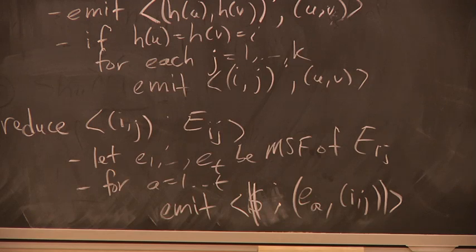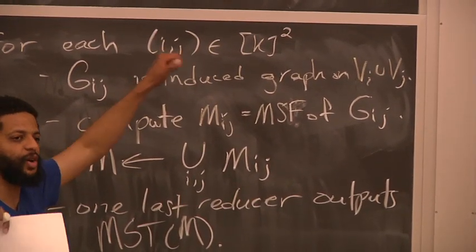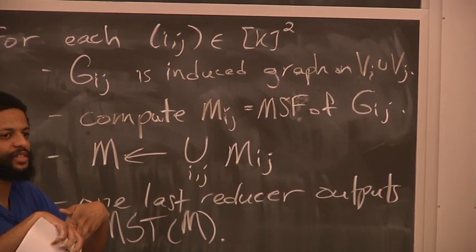Sorry, why do we have to do that extra check for the hashes? Oh, just because, as Yarek pointed out, there are some edges whose endpoints both hash to the same partition. My definition of Gij is that it's the induced graph on Vi union Vj. So it's not only the edges that go from Vi to Vj, it's also the edges that are internal to Vi and the edges that are internal to Vj.